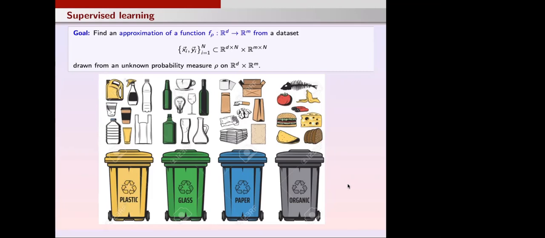So I cannot split it into two pieces to put 20% here and 80% there. I just have to choose one or the other. So I choose blue because it is more likely that there is more paper in it than plastic. Okay, so you see the problem can become quite sophisticated.